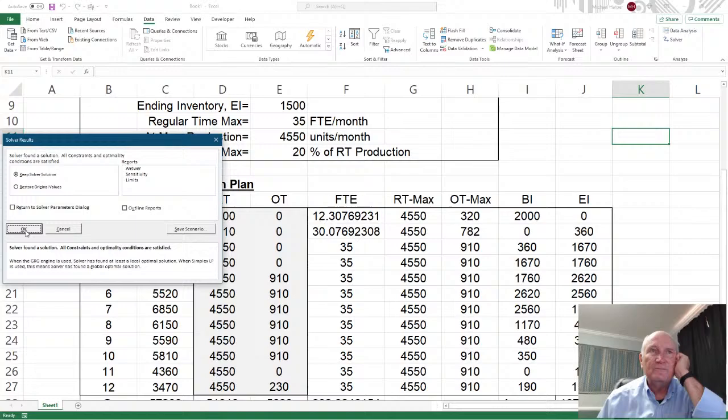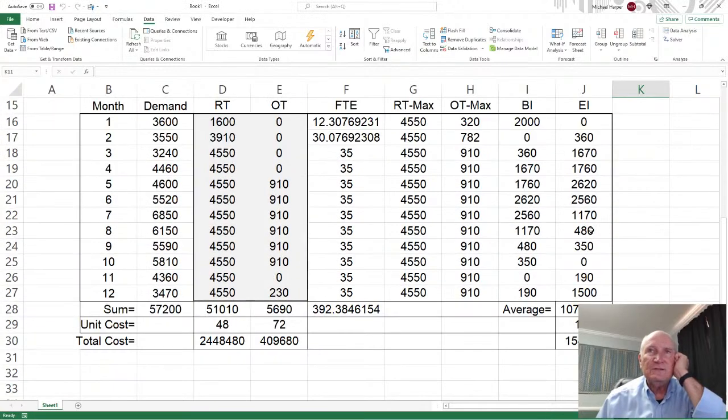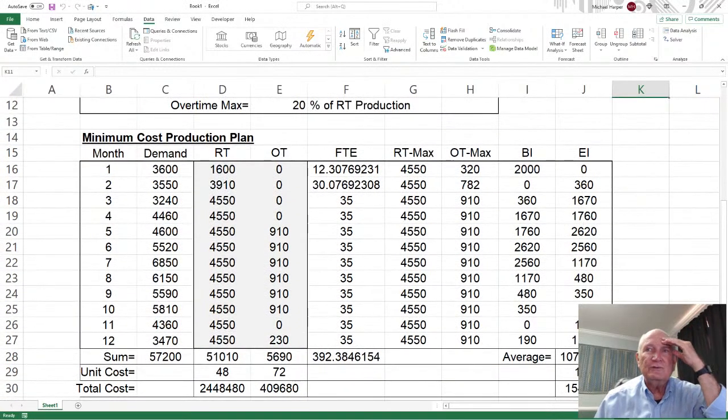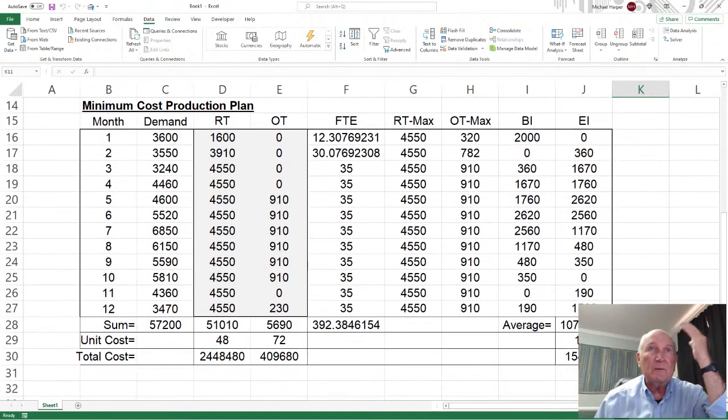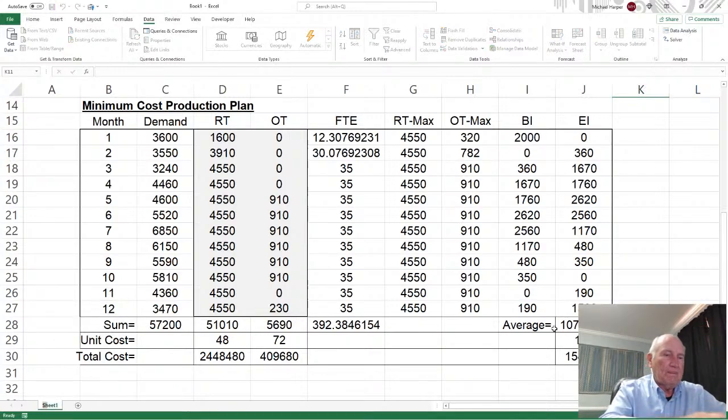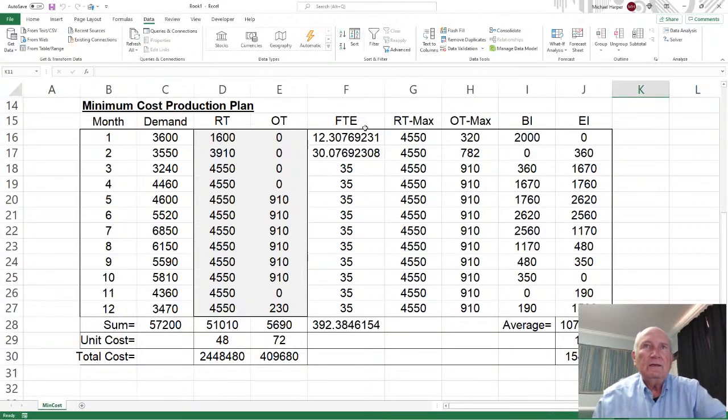There's the first part. So this is information we can use for the minimum cost plan. Okay, and let's just label this spreadsheet minimum cost. Now they also wanted level capacity because that's the traditional.